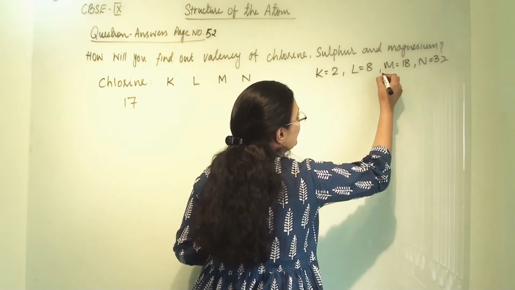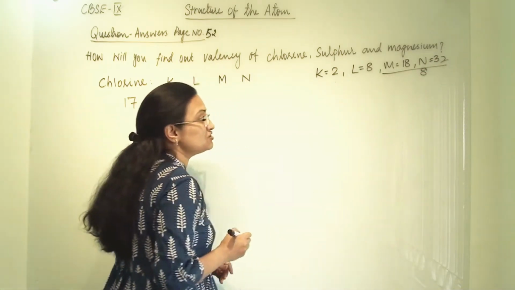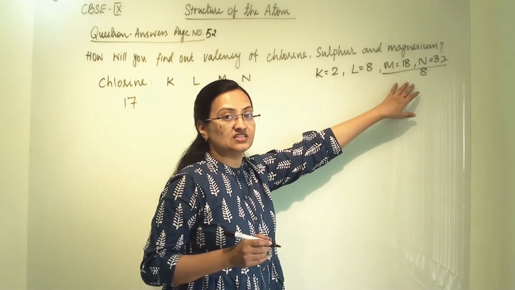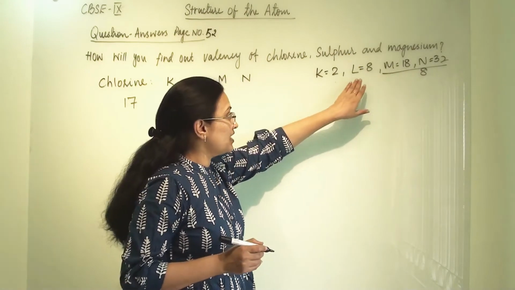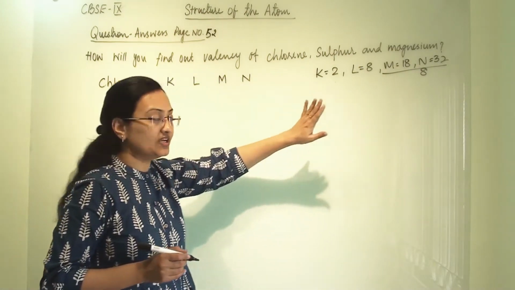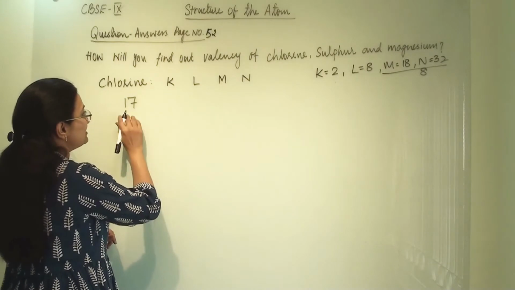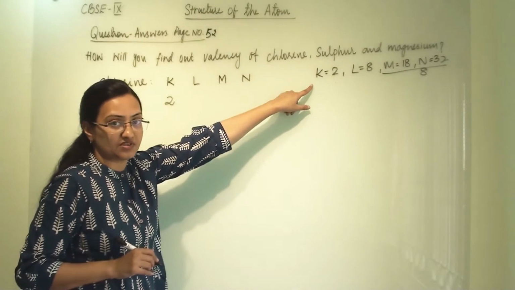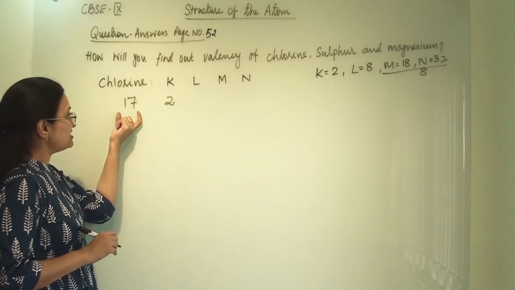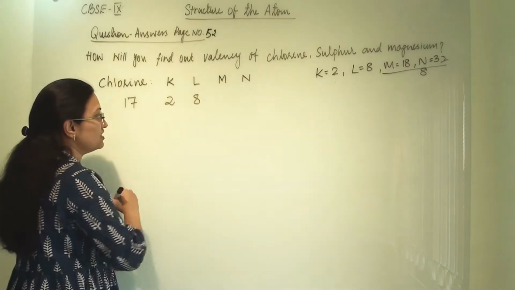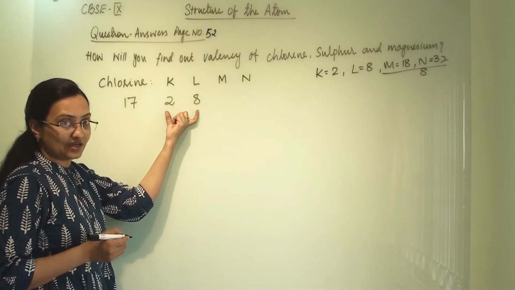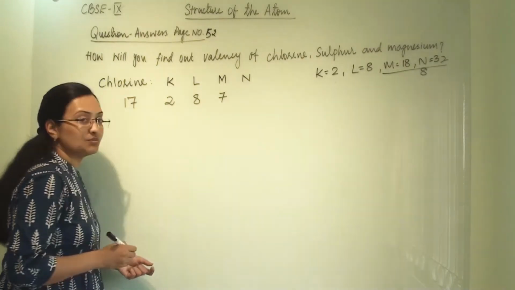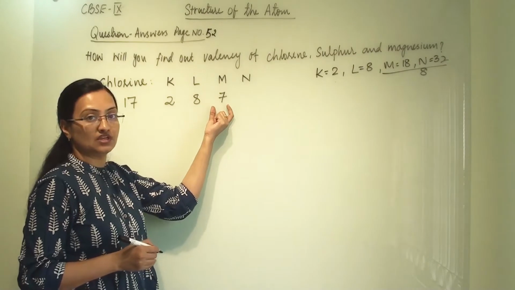But here we cannot put more than 8 electrons in these orbits, so for L, M and N we consider a maximum capacity of 8. First we put 2 electrons in the K shell. Now 17 are there, so we can put 8 in the L shell. Now we have distributed 10 electrons. How many are left? 7. We can put 7 in the M shell because the maximum capacity is 8.